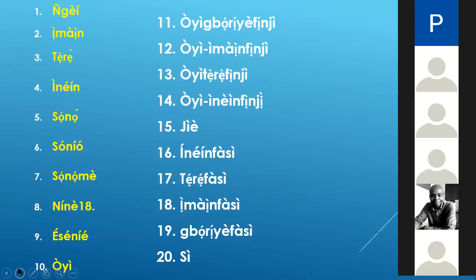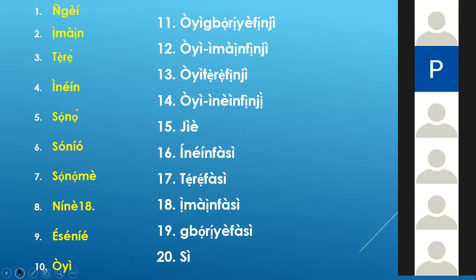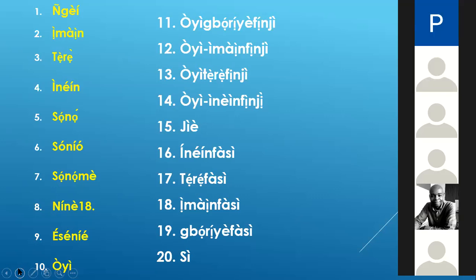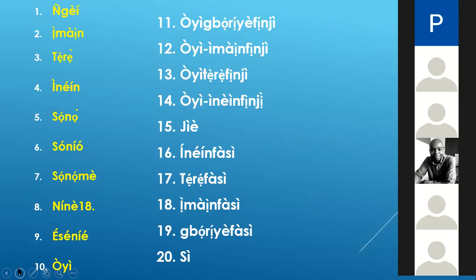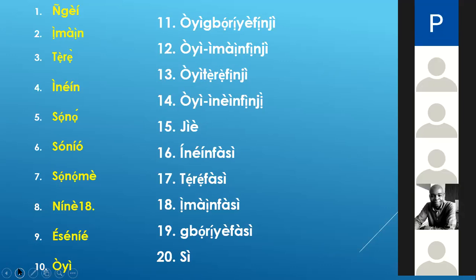Okay, so now let's all do it together from 1 to 20. 1, 2, 3, 4. So please look at the stress marks. 5, 6, 7, 8, 9, 10, 11.